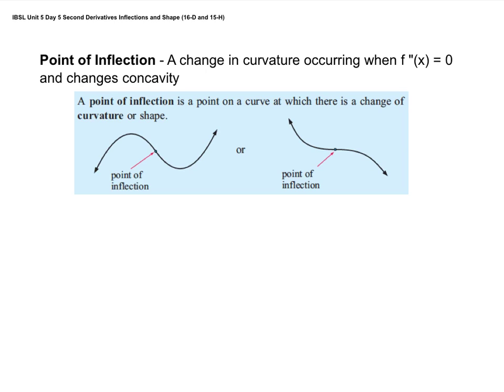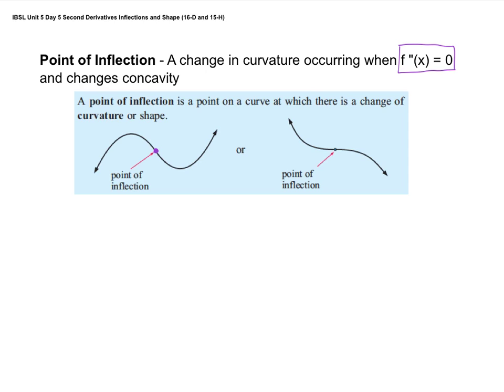That's how we got max and min points on the function itself. And we did that by finding those critical values, setting the first derivative equal to 0. Well, here, we're going to look at when our velocity changes from negative to positive or positive to negative by seeing when the second derivative equals 0.